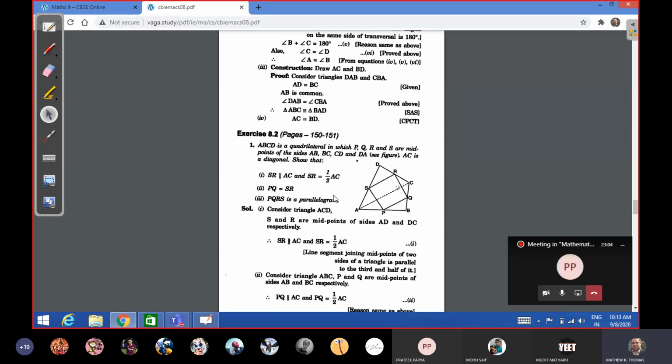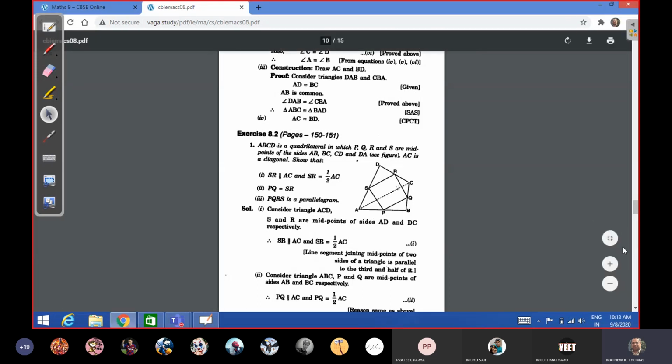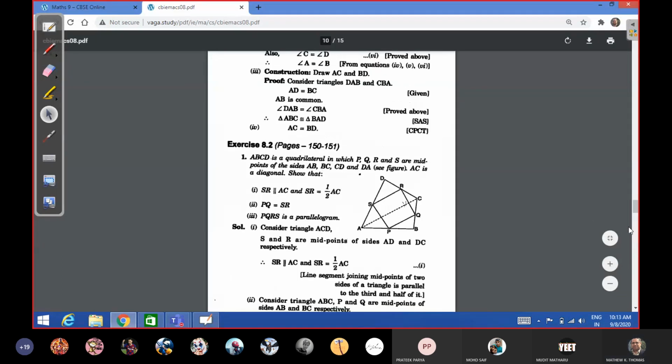So first thing, what we need to do is make the figure of a quadrilateral. A quadrilateral, you can make ABCD. P, Q, R, S are the midpoints. So put the midpoints here, PQRS, join this.